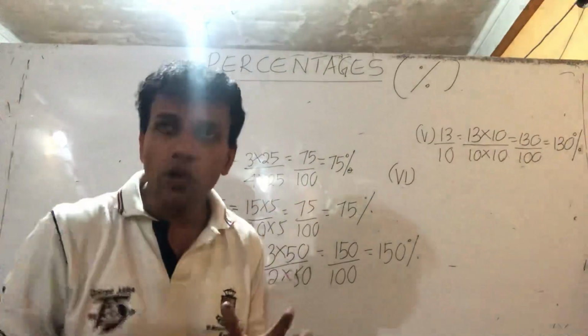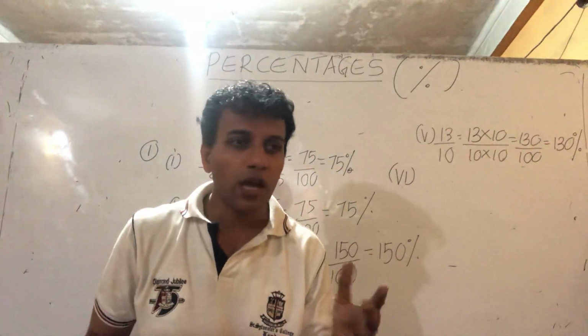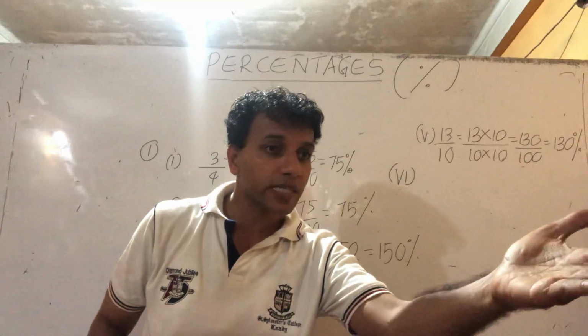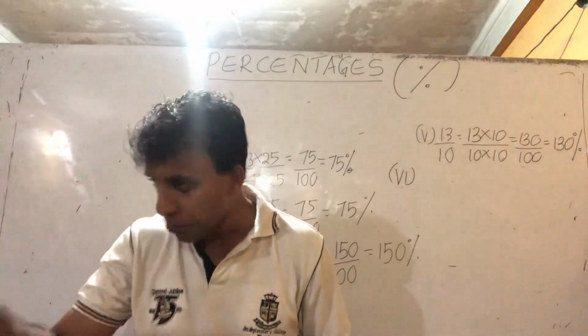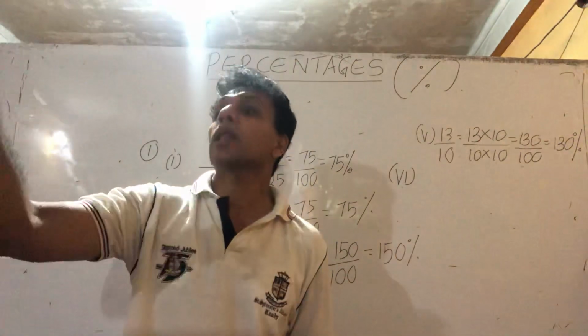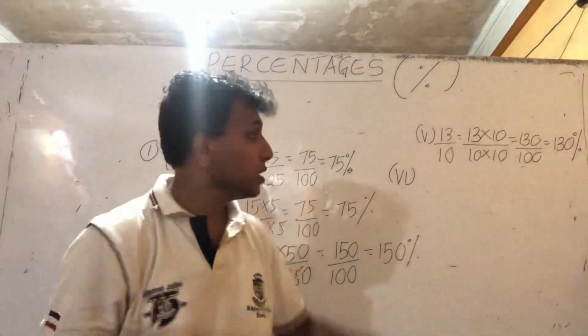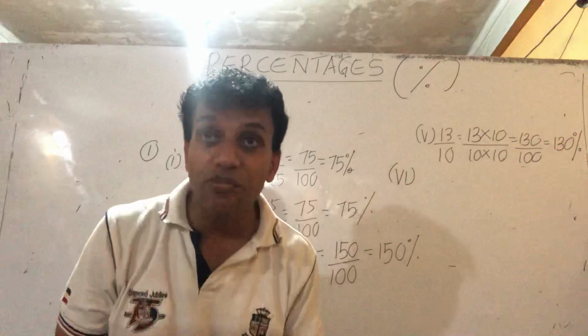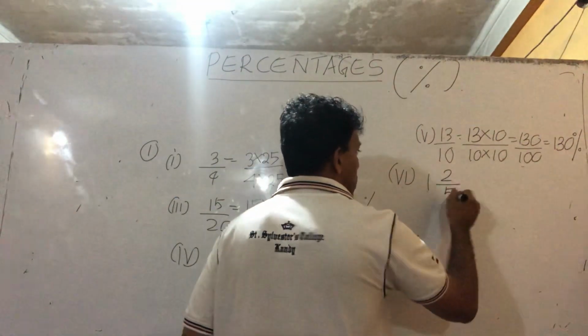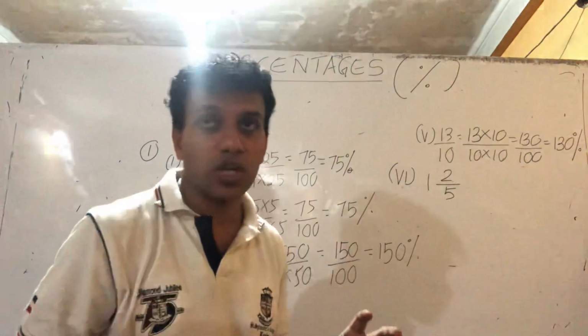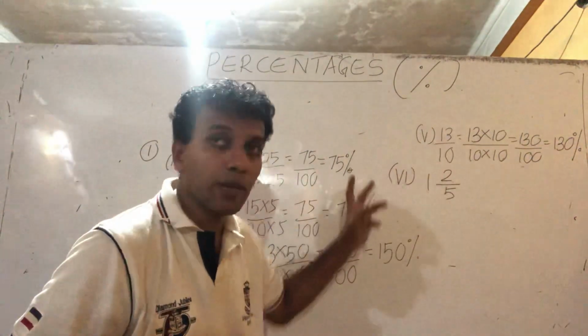That's the mix. You know, there are so many types of fraction. You learned fractions in grade 6. Fraction types: proper fraction, improper fraction, unit fraction. This one is a mixed fraction. Okay, 1, 2, 5. That's called a mixed fraction. Mixed fraction problem.